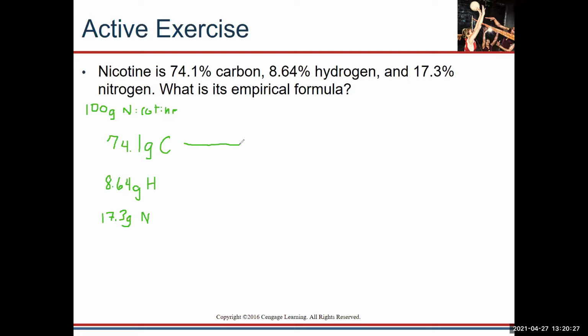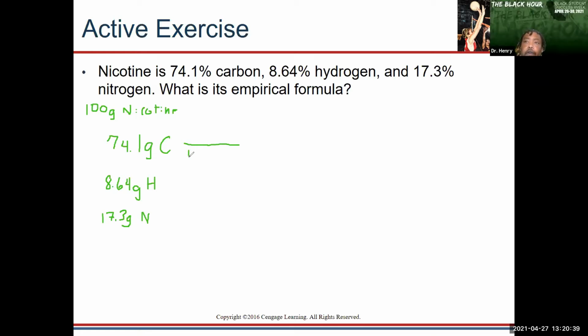So the first thing I want to do is find the molar mass of each element. What is the molar mass of carbon? 12 grams per 1 mole. So our grams are going to go on the bottom, 1 mole on top.